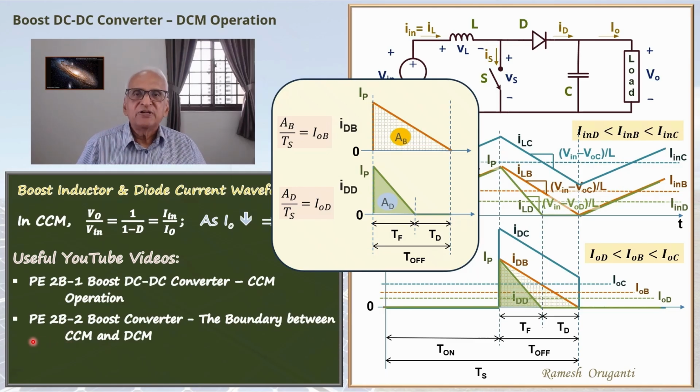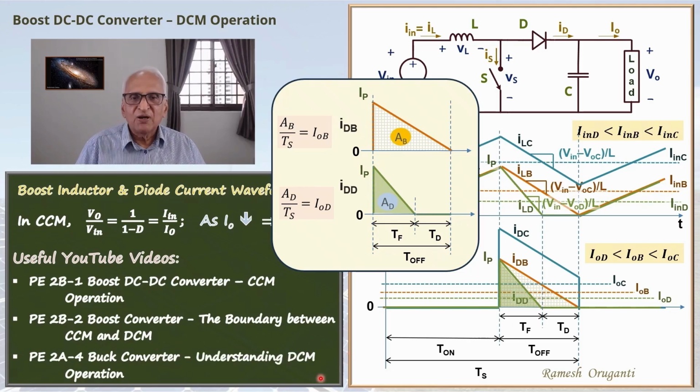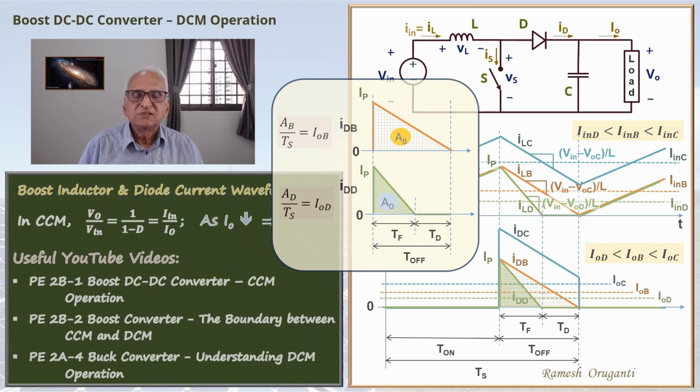This video discusses the boundary operation between continuous conduction mode and discontinuous conduction mode of a boost converter. And the third video you might find useful is PE2A4, which is on buck converter, understanding DCM operation. If you go through this video, you will be able to appreciate the differences and commonalities between DCM operation of a boost converter and a buck converter.